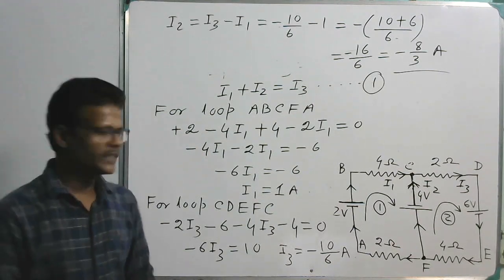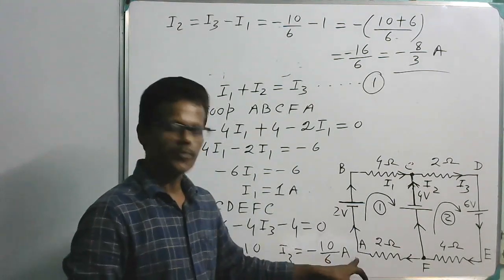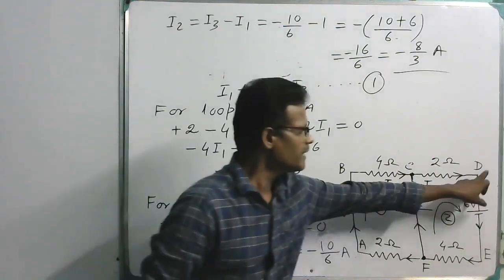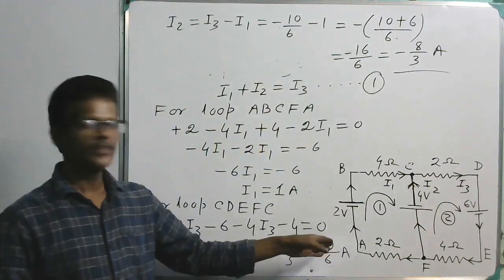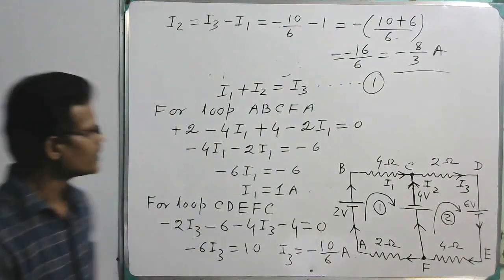Suppose let us say we need to calculate the potential difference between A and D. How to calculate the potential difference between the points A and D?